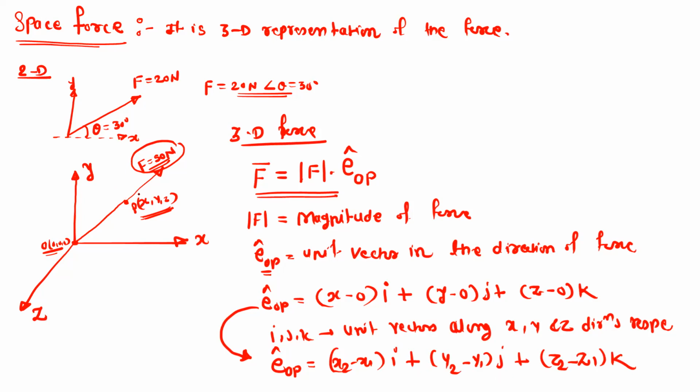So these coordinates are represented as x2, y2 and z2, and the starting point for the force is x1, y1, z1. Okay. So for this case, when we are writing the E cap OP, x2 minus x1 will be x minus 0, y2 minus y1 will be y minus 0, and z2 minus z1 is z minus 0. Okay. And finally, you can put the value in this equation.